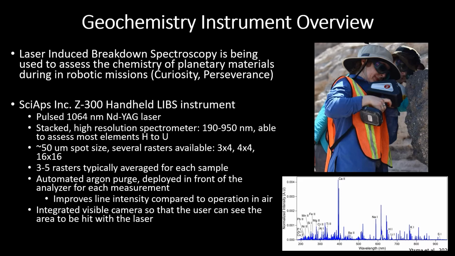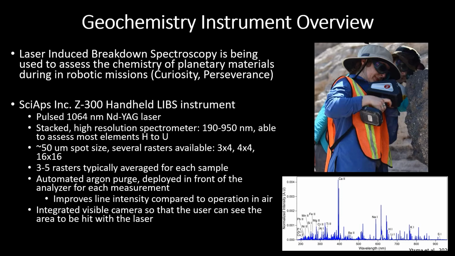Our LIBS is a handheld field instrument, a SciAps Z300 handheld LIBS. It utilizes a pulsed 1064 nanometer Nd:YAG laser and a stacked high-resolution spectrometer within the spectral range you see there that enables assessment of most elements on the periodic table.